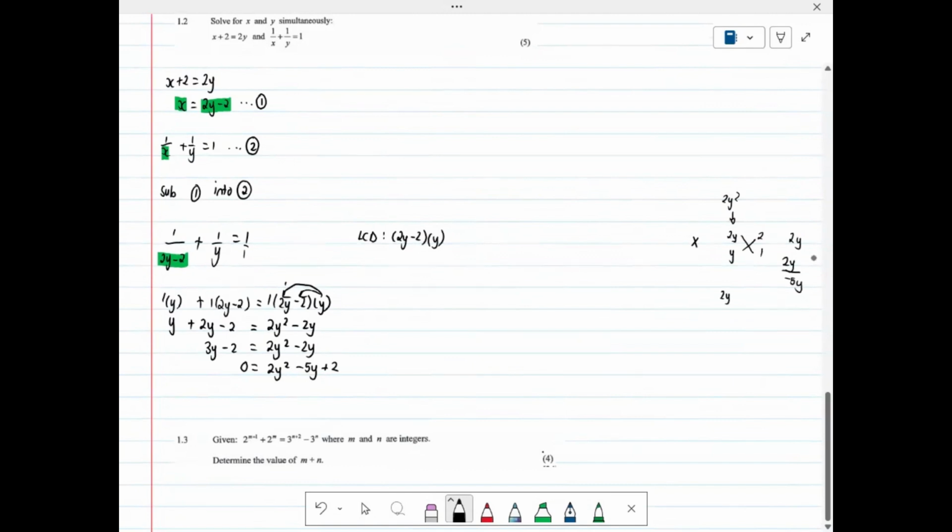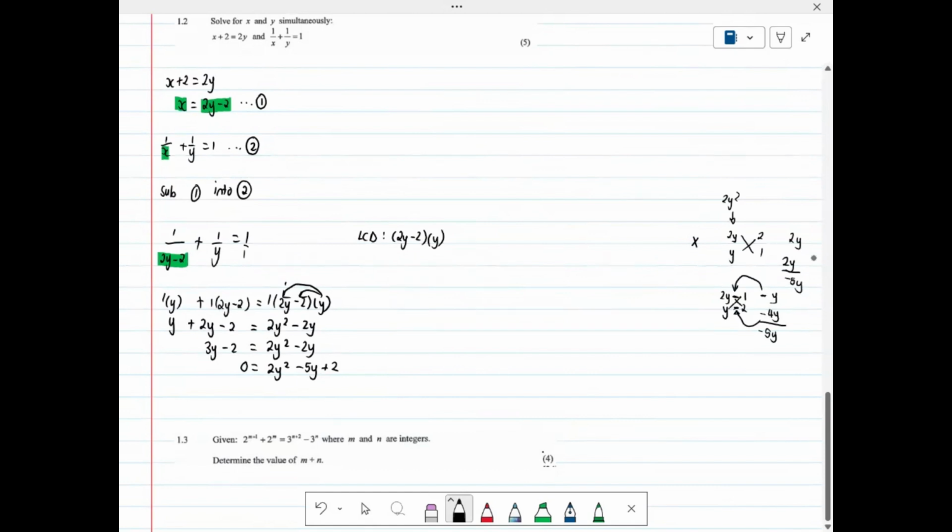What we can do is swap one pair, so we swap the 1 and the 2, so that gives us y, and that gives us 4y. Now it is possible to get negative 5y if we have minus 4y and minus y. So we put that over there and that sign over there.